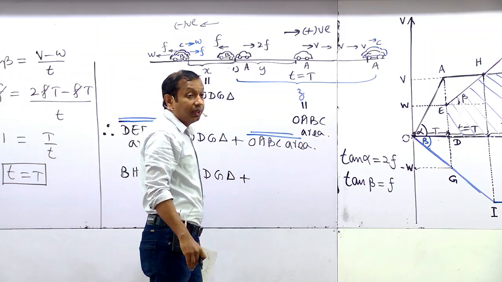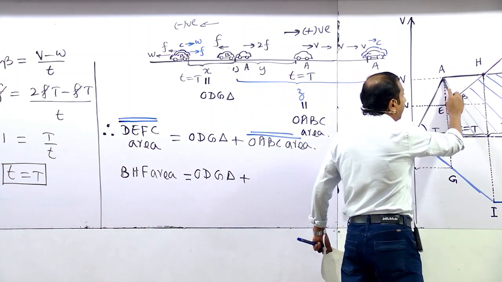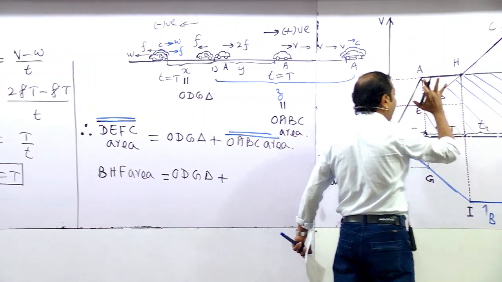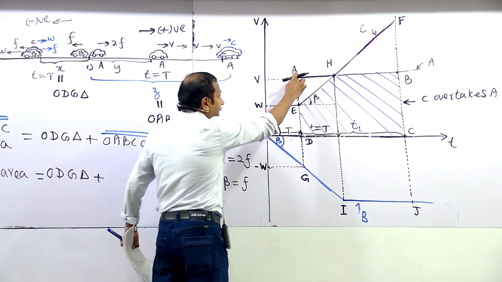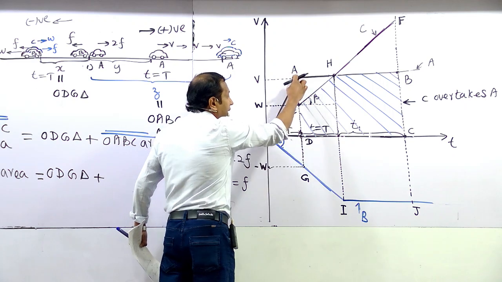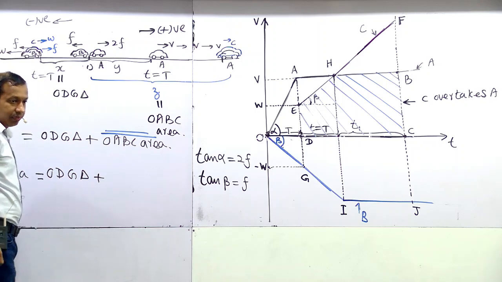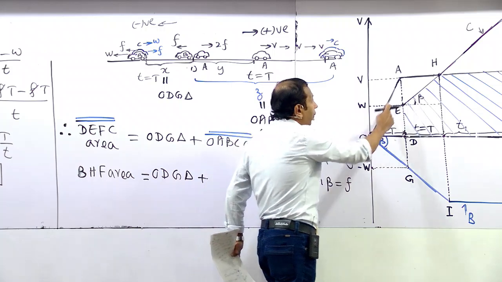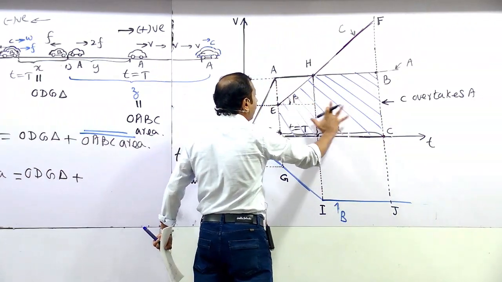By this OABC, we remove this. Then tell me the remaining area. OAD plus AEH. Am I correct? From OABC, this part we remove. What is remaining now?